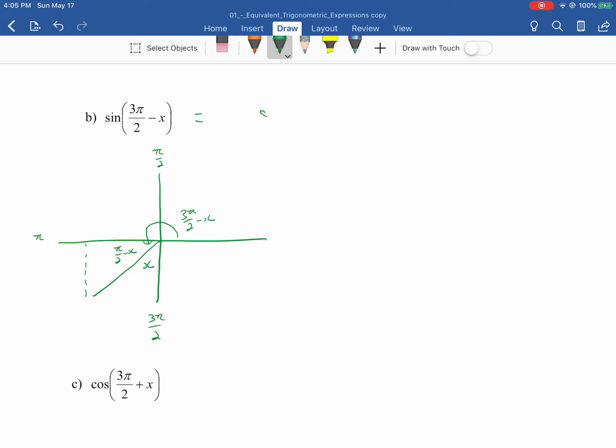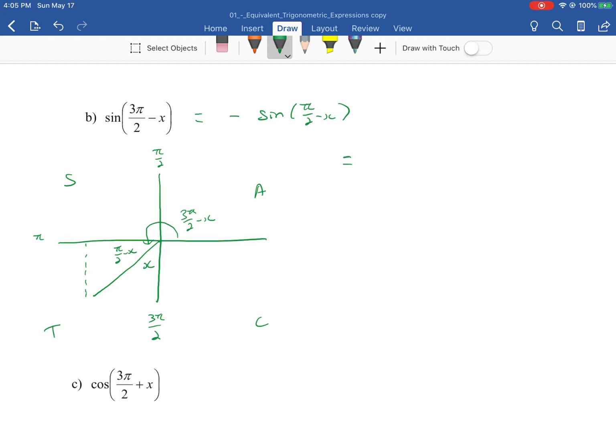Sine of 3 pi over 2 minus x results in a triangle with pi over 2 minus x as its related acute angle. Well, okay, just check. Did it change from positive or negative? Yes, it did. It went to a tan positive quadrant, so that's a negative there.